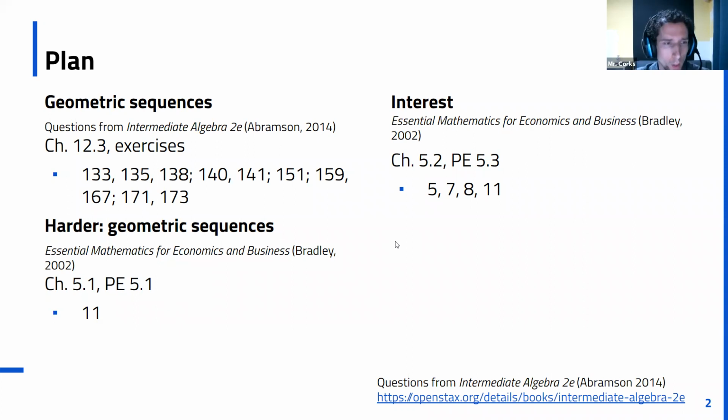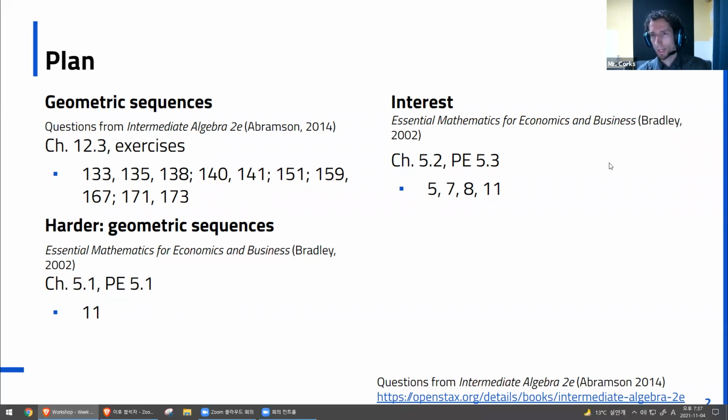Anyways, we'll get started. I have a whole bunch of exercises from 12.3, as you can see, and then a few from a different textbook which I've used in the past. This textbook costs a lot of money, which is why I chose to stop using it.